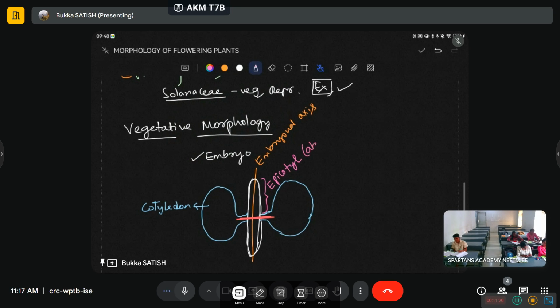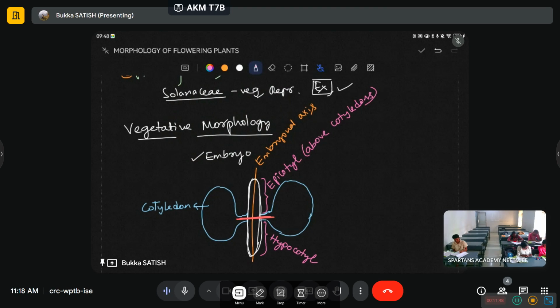So basically it is above the cotyledon. So this is the part of the embryonal axis which is above the cotyledon level. Exactly the reverse is this one, which is hypocotyl.